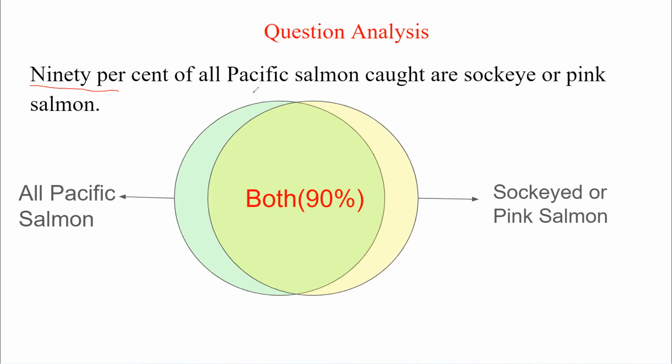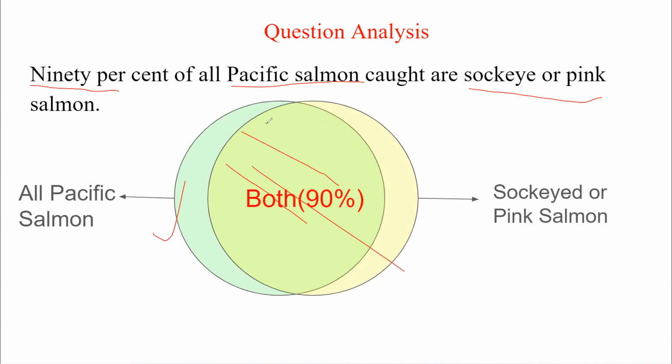So we can see there are two different categories, Pacific salmon and sockeye or pink salmon. Now they're saying of all these Pacific salmon, 90% are sockeye or pink salmon. So let's say this region is for sockeye and pink salmon.